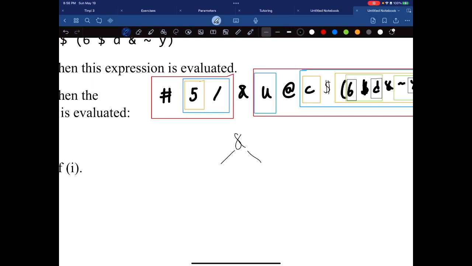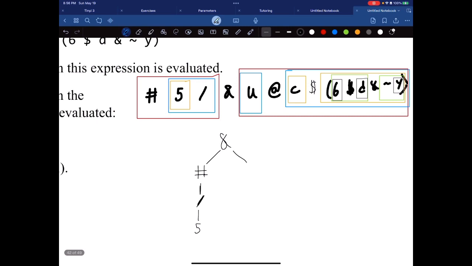Then on the left side, the last operator to be applied is the hashtag, which just has one input, which is the division symbol. And the division symbol just has one input, which is the 5. Then on the right side, the last thing to be done is the at symbol.